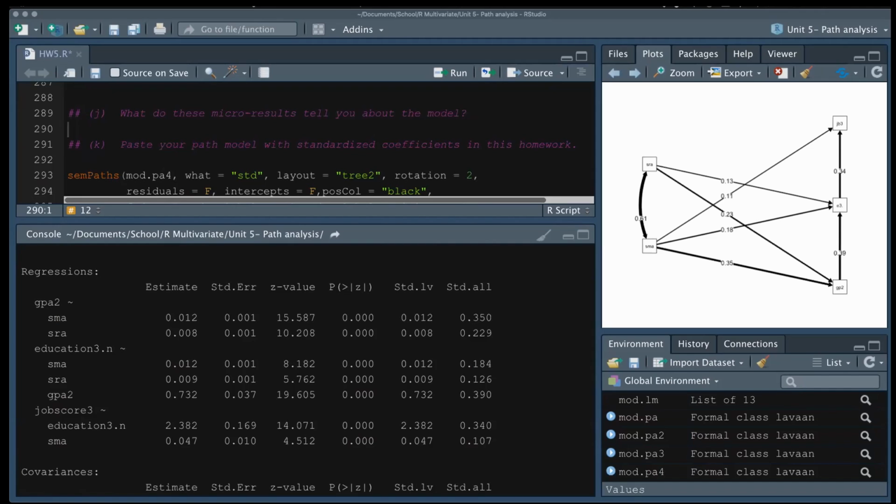The macro is kind of these global fits, like an overall MANOVA lambda, or an overall chi-square for your logistic regression, or in this case, an overall chi-square or a fit index. Now we're looking more specifically at the individual paths within our model, or the individual variable to variable relations. That's what we mean by micro results.